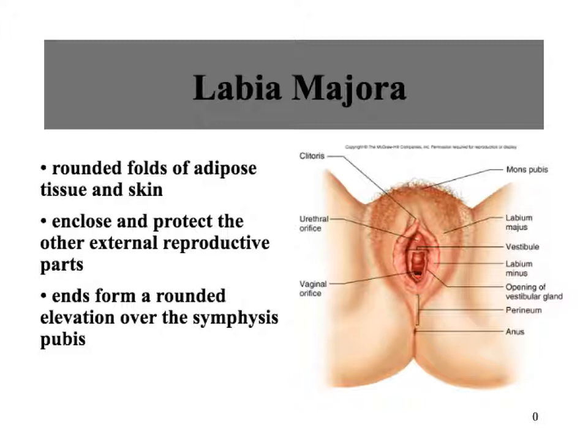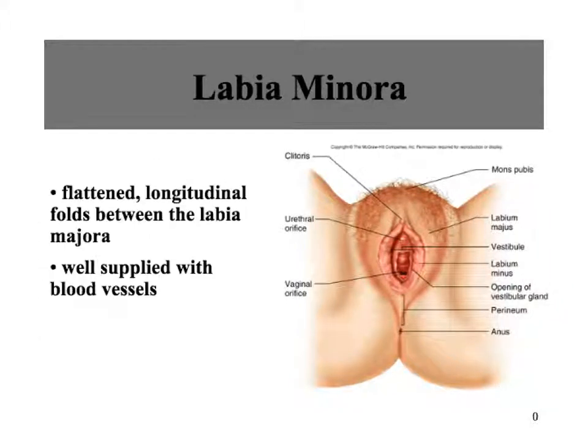A little more detail on some of the external genitalia, covered with adipose tissue and skin for the labia majora. Again, it encloses and protects other important reproductive organs. Elevated over the symphysis pubis, part of the right and left coxal bones. The labia minora, again, provides opening for the vestibular glands for reproduction, opening of the vestibule leading to the vagina.